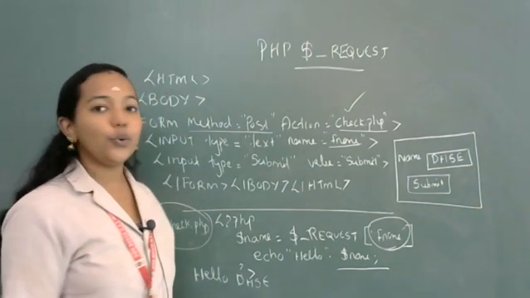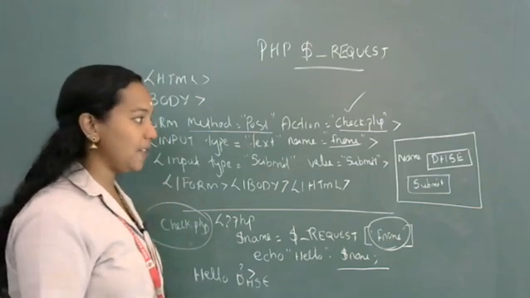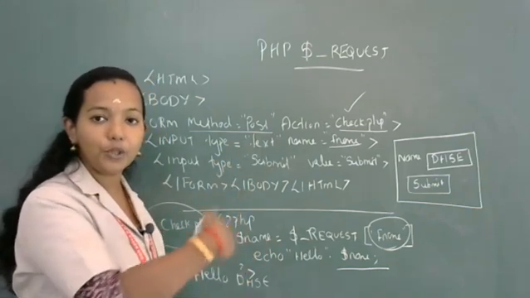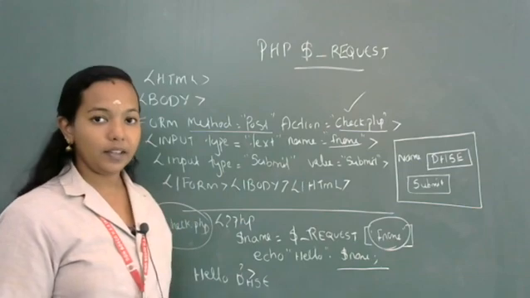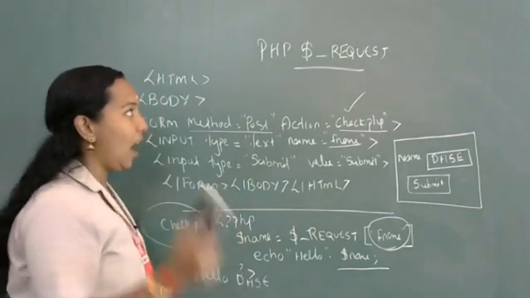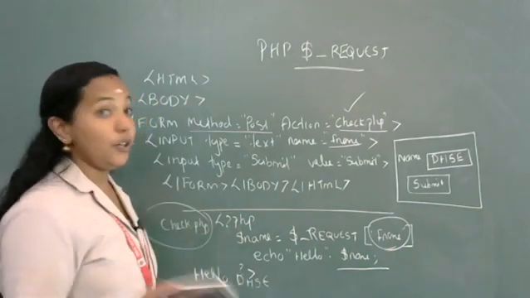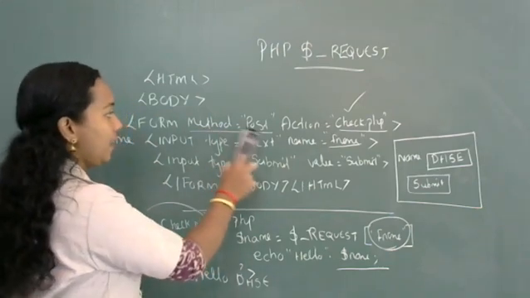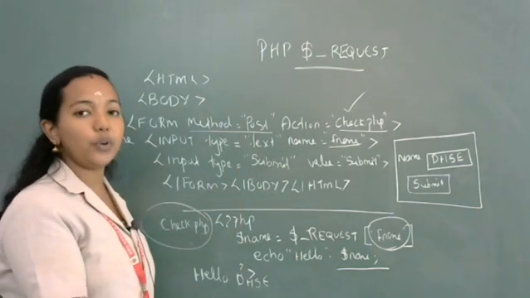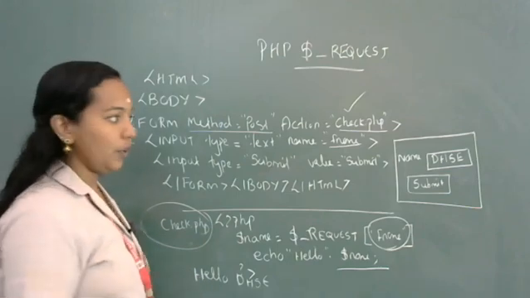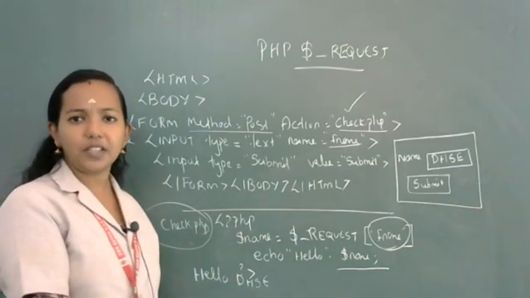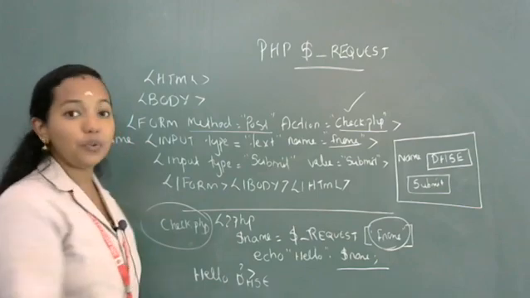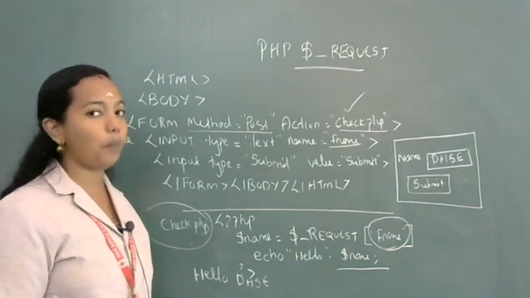So here, using the post method, I am transferring data from the form to the server. Clear? This is how we execute a normal request, using the get method, or here the post method. I can also use the get method. This is the normal procedure without using the $_GET and $_POST methods.